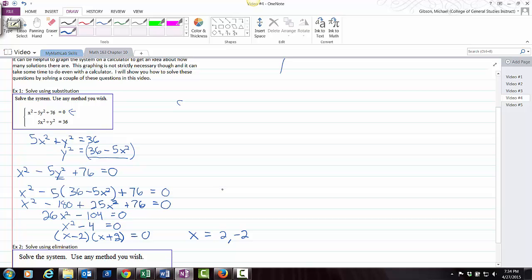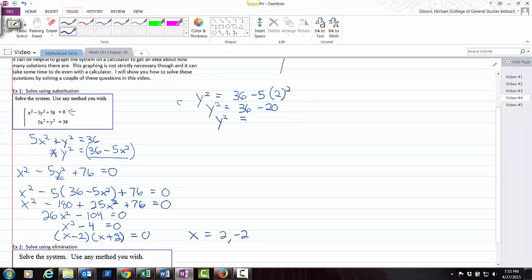So then what we need to do is stick both of these up into our equation for y squared up here. All right, so y squared equals 36 minus 5 times 2 squared. So y squared equals 36 minus 20.